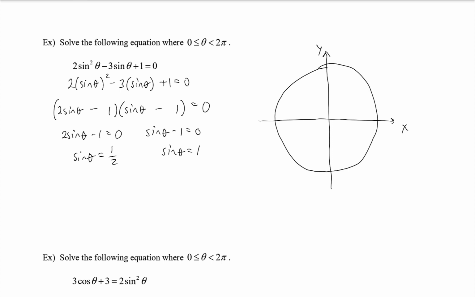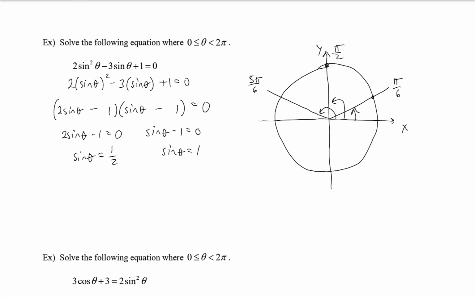So for example, sine equals a half right here at pi over 6. It equals a half right here at 5 pi over 6. Sine equals 1 right here at the top at pi over 2. So I'm going to get 1 answer, 2 answers, 3 answers. That's it.